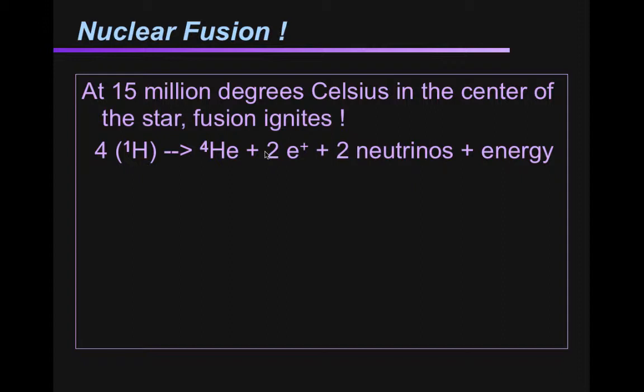And the thing you'll note here by this equation is hydrogen, excuse me, these very light atoms with one electron and one proton are fusing together and causing helium, which is a heavier atom. So when we've got nuclear fusion going on, we've got smaller atoms combining together to create heavier atoms.